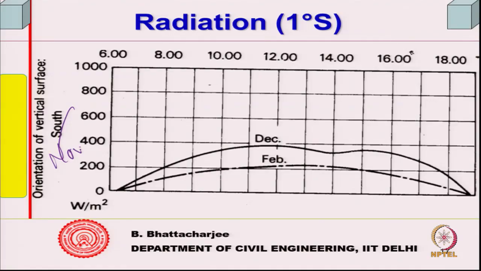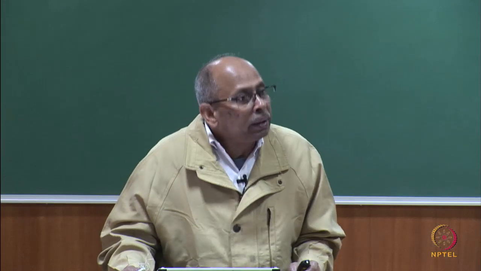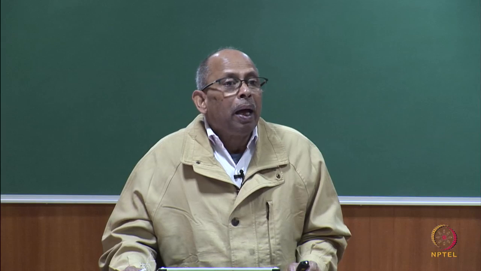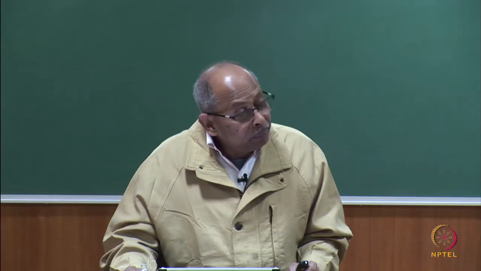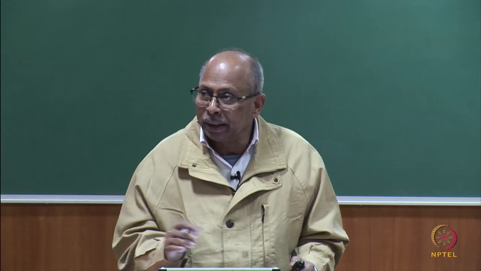So, this is the north surface in the northern hemisphere at 1 degree north, this will become February, this is December, months will also change accordingly. So, close to the equator, north and south surface both receive radiation, winter as well as summer some radiation, and east and west both get radiation.